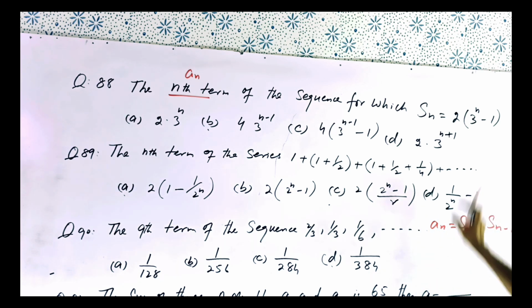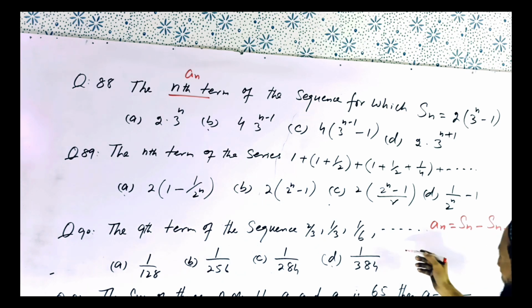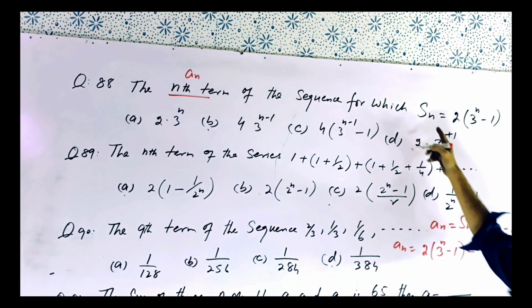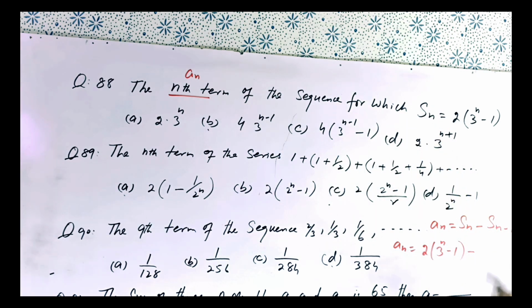Here Sn is given, so we put the value 2 into 3 power n minus 1, and for Sn minus 1 we replace n with n minus 1, so we get 2 into 3 power n minus 1 minus 1. So look here, we write 2 into 3 power n minus 1 minus 2 into 3 power n minus 1 minus 1.